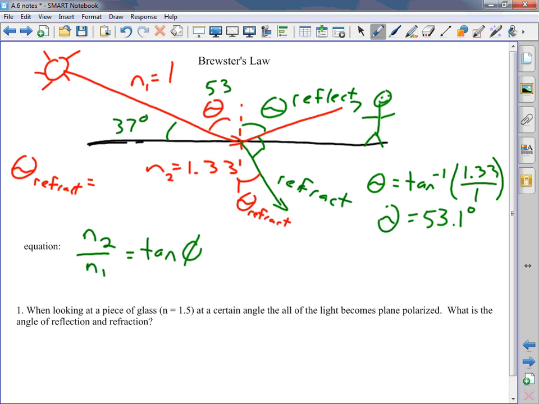How'd you get it? 180 minus 90 minus 53 gives me 37 degrees, which sets up something interesting here, right? The angle reflected measured to the horizontal is the same as the refracted, right? So by definition, because of Brewster's law, the reflected and the refracted have to be 90 degrees to each other.